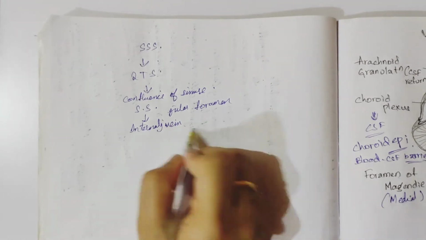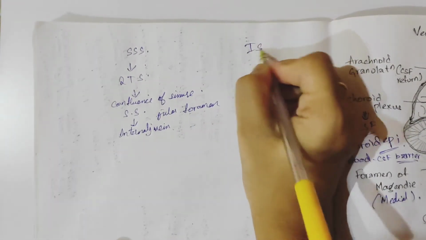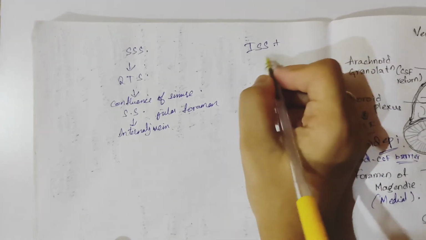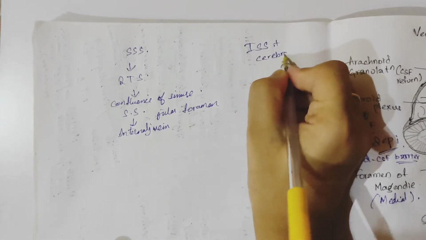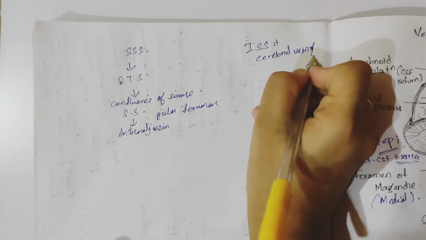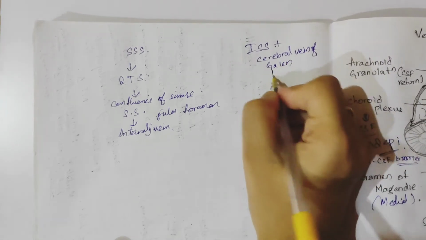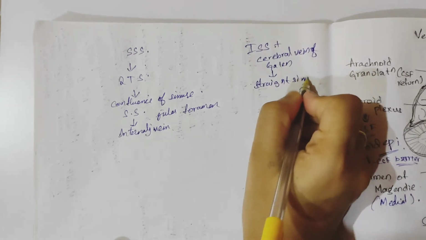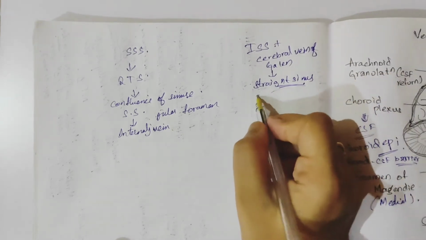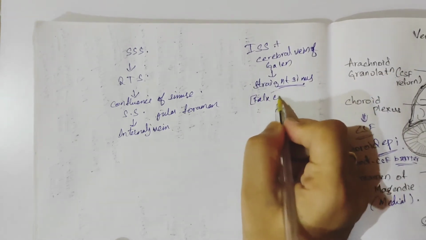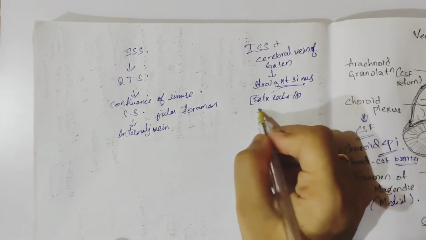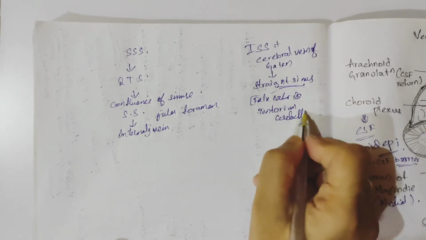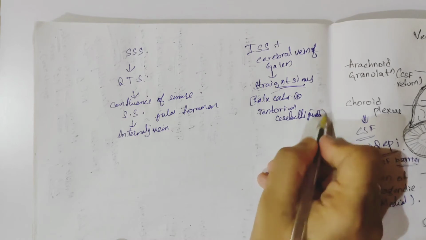Also the inferior sagittal sinus combines with the cerebral vein of Galen and forms the straight sinus. This straight sinus is at the junction of the falx cerebri and tentorium cerebelli.